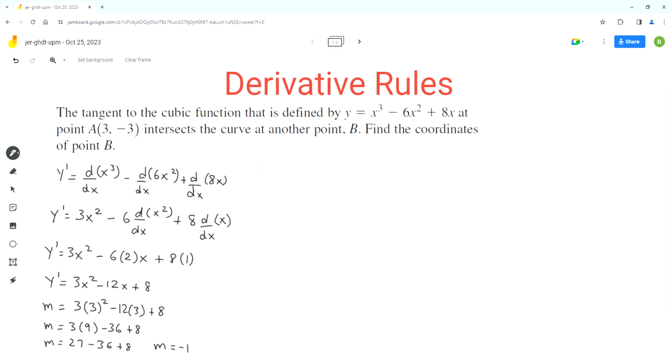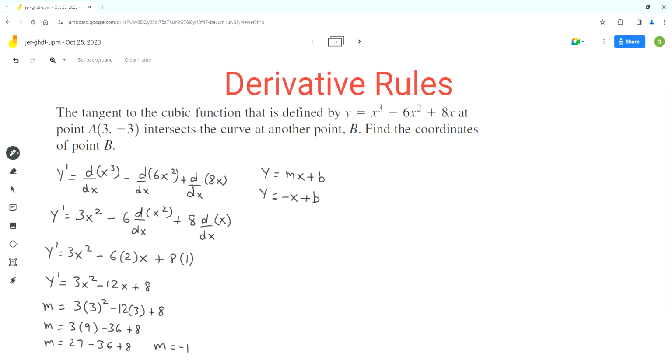Now we can start with the general equation of a straight line, y equals mx plus b. Now the slope of the tangent is negative 1, so we get y equals negative x plus b. We don't write 1 as a coefficient. Now the point (3, -3) also lies on the tangent because the tangent touches the given curve at this point.